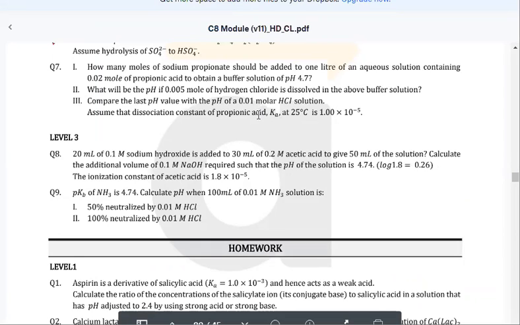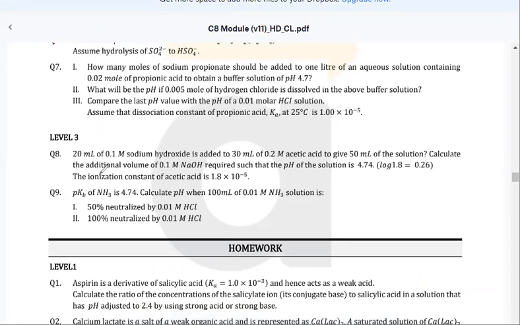Okay, so question number 8. Everyone just go through question number 8. We have 20 milliliter of 1 molar sodium hydroxide, so number of moles 20 into 0.1, added to 20 milliliter of 0.2 acetic acid.